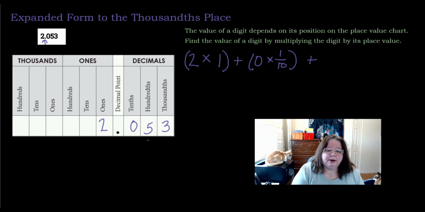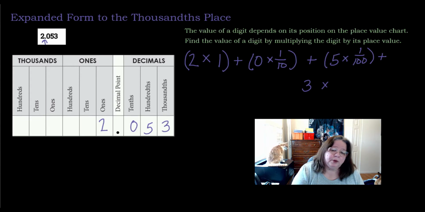Plus 5 times, oh, look, it's in the hundredths spot. So 1/100th, plus, I'm running out of room, I'm going to write it down here, 3 times 1/1,000th.